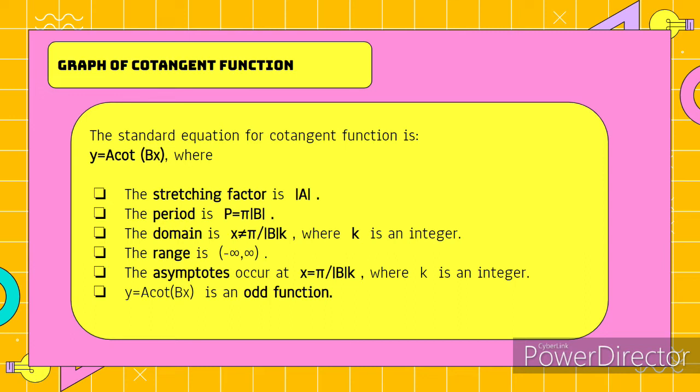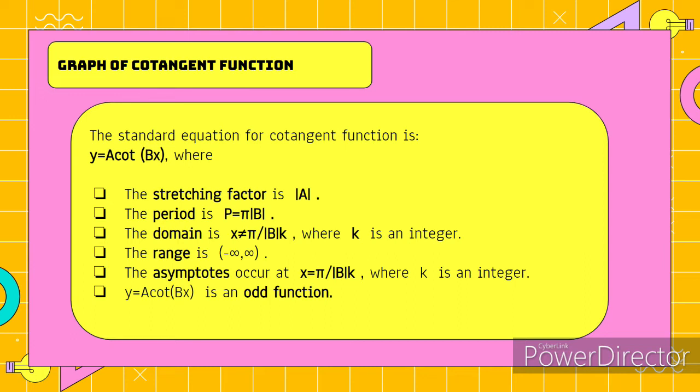Graph of cotangent functions. The standard equation for cotangent functions is y is equal to a cotangent bx, where the stretching factor is the absolute value of a. The period is P is equal to pi over the absolute value of b. The domain is x not equal to pi over the absolute value of b times k, where k is an integer.